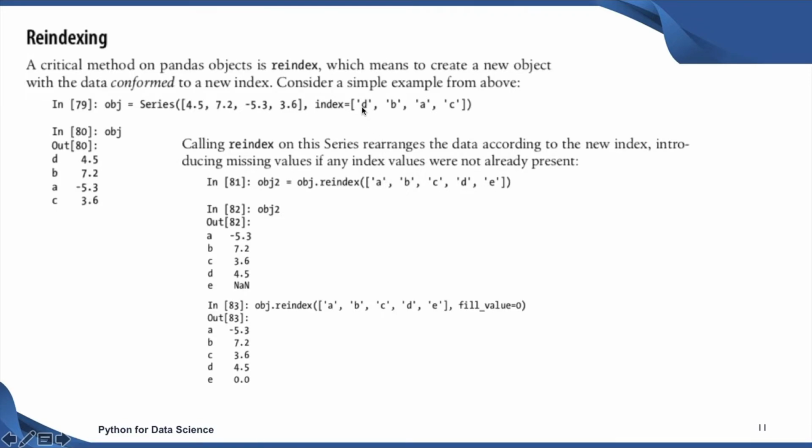So only the index up to D is present, but here I wanted to reindex to another index, that is E also, which is not present. If it is not present, it will give us the NaN value, because the value corresponding to this E index is not present, and by default it will give you the NaN.